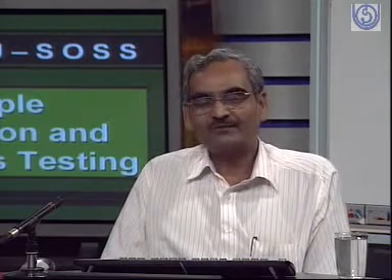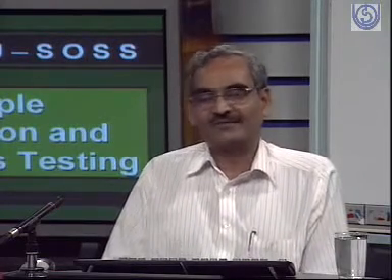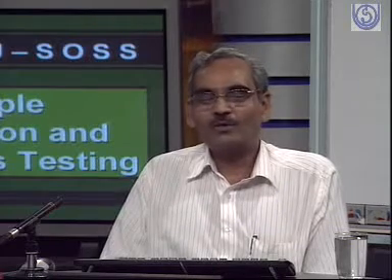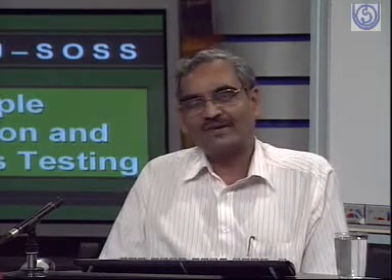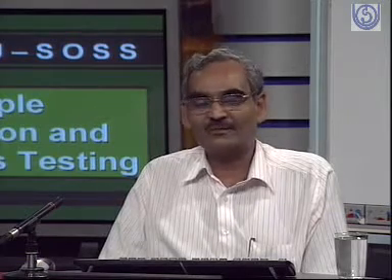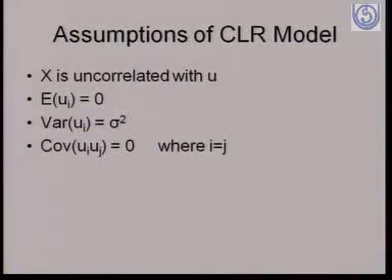We also call it the assumption of homoscedasticity. That means all the error terms are distributed with the same variance. They are equally distributed. They have similar distribution. And the fourth assumption of covariance being 0 is also significant. That means error terms are also not correlated with one another.